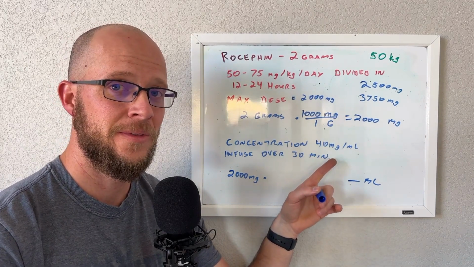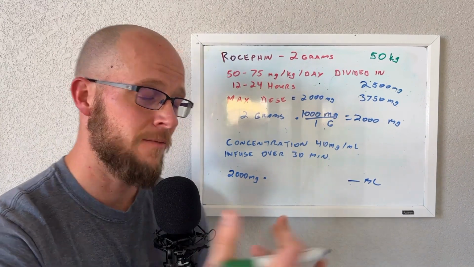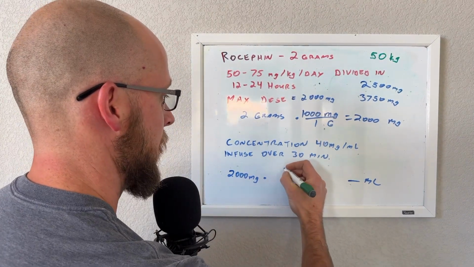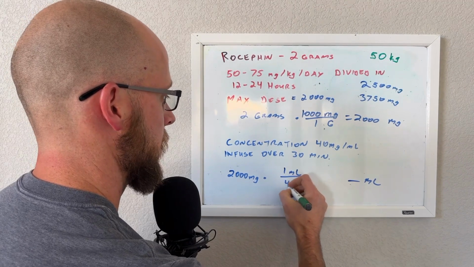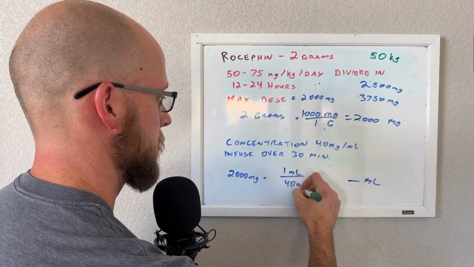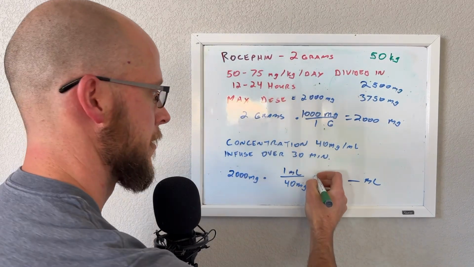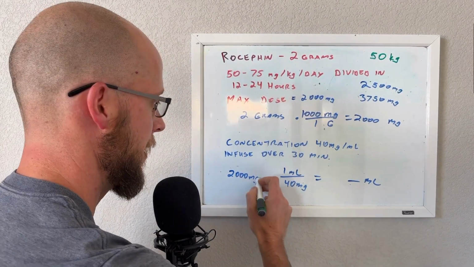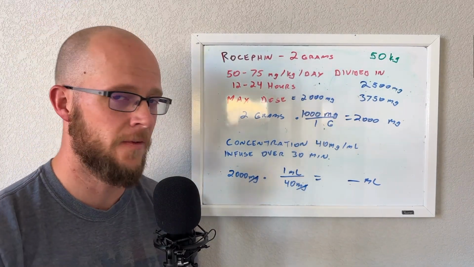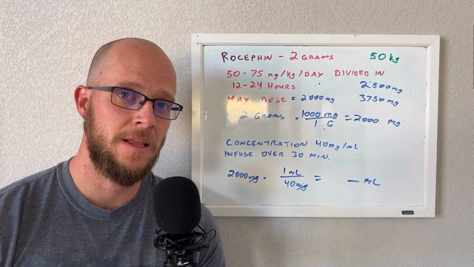What are you going to do? You're going to flip that fraction around. So we're going to go ahead and put it 1 mL over 40 milligrams. Okay? Do your milligrams cancel out that way? Yeah, absolutely. Perfect. Good. And then you're left with milliliters.